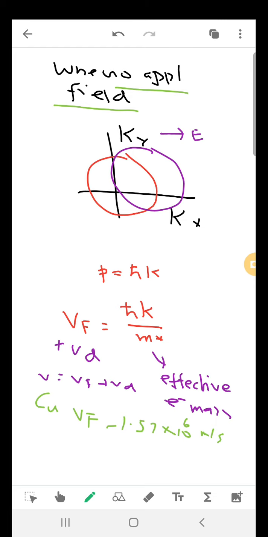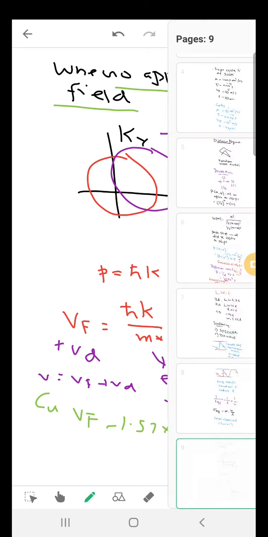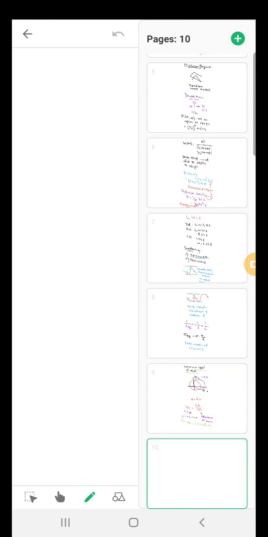Now, in this model, we also assume that the electrons on application of this applied field will also undergo collisions.